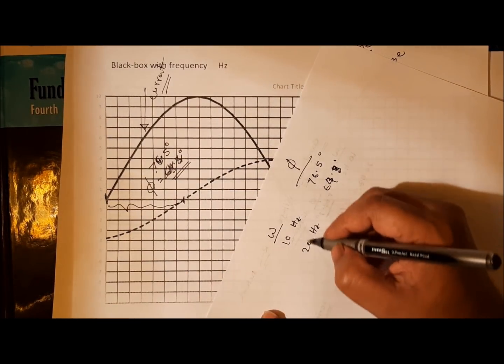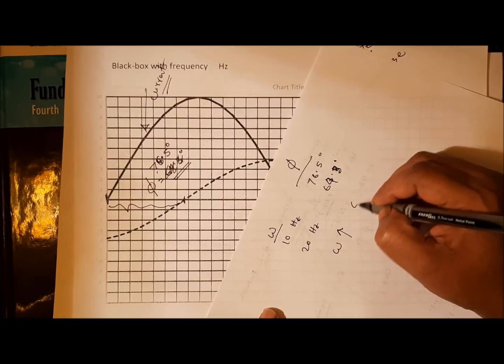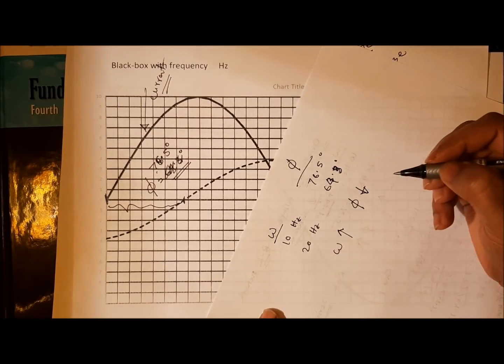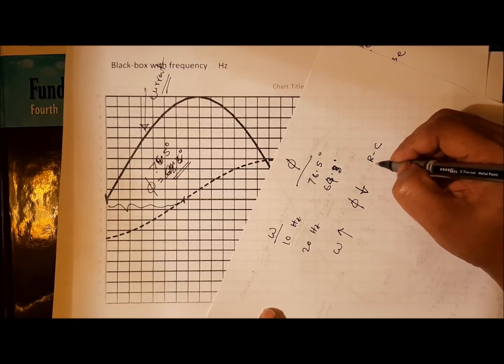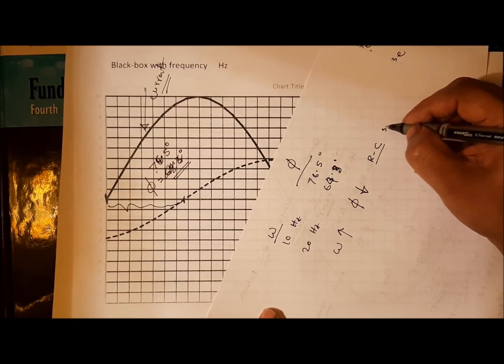Now you see if you increase omega, phase decreases, so it becomes RC, as we found before. Now it becomes RC series.